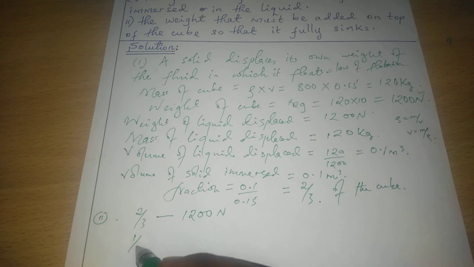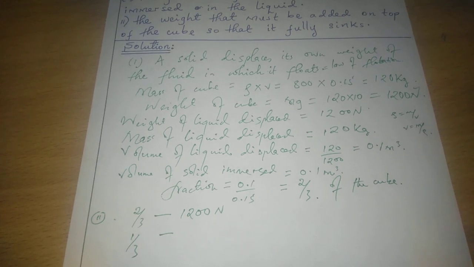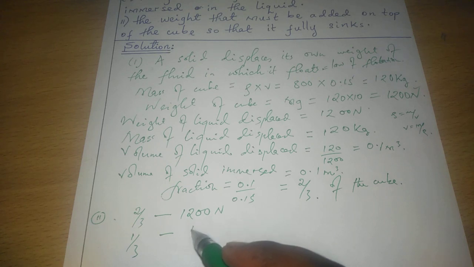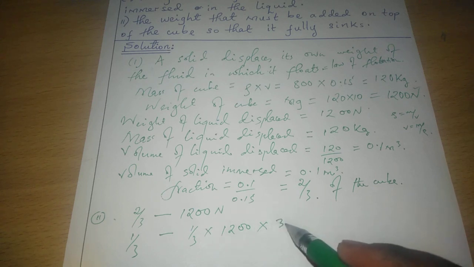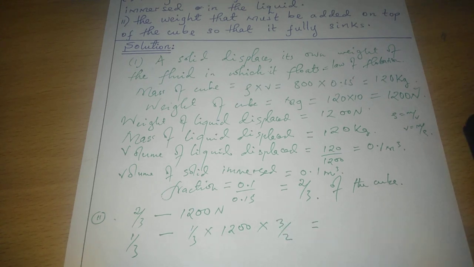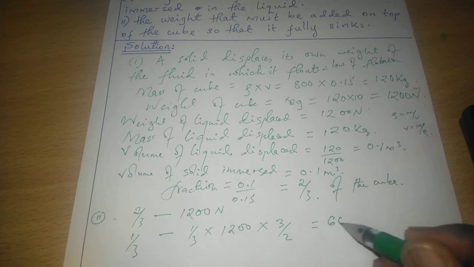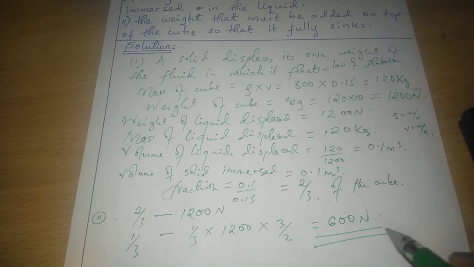What amount of force or weight is it going to require for the remaining 1/3 to get fully submerged? We multiply 1/3 by 1200, then divide by 2/3, which means multiplying by 3/2. So 1/3 times 1200 times 3/2 gives 600 newtons of force. This is the weight that will be added to this solid so that it gets fully submerged.